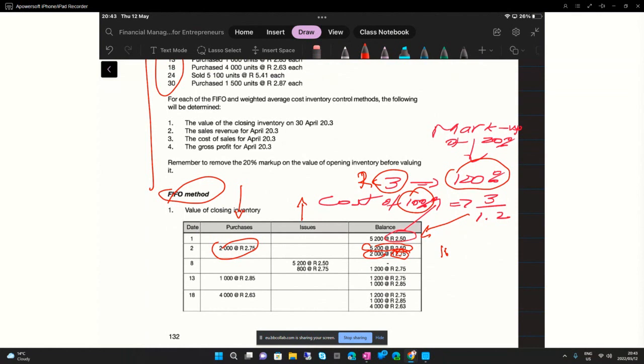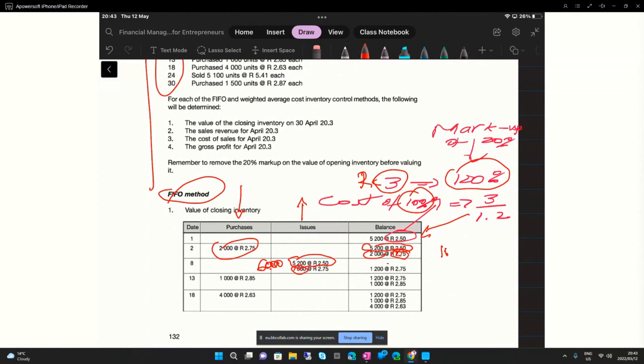remember, what we sold was 6,000, right? So we take from what came in first. What came in first was the 5,200, all of that. To reach 6,000, obviously, we're going to need to add 800.